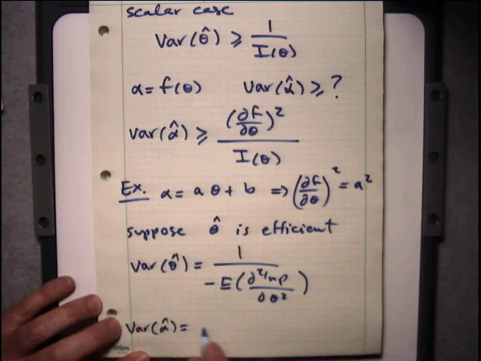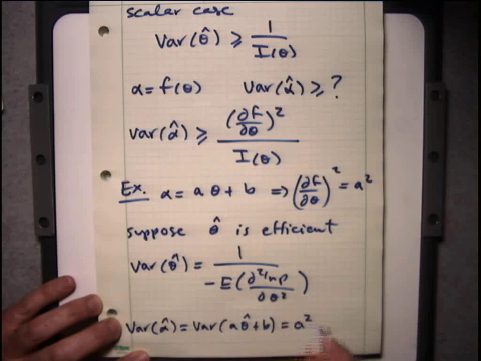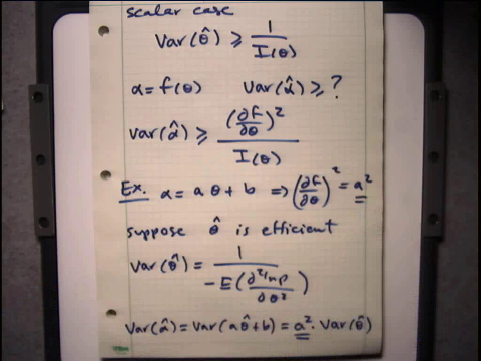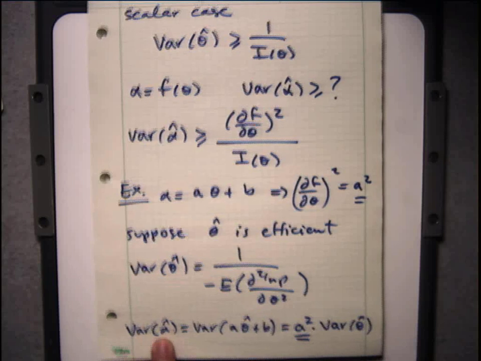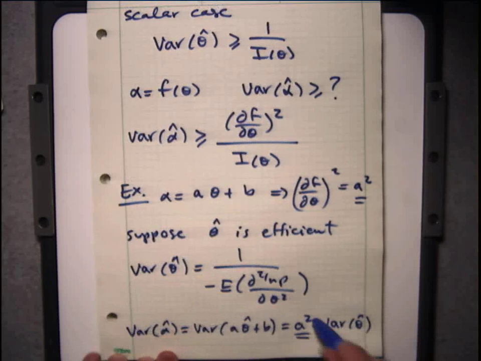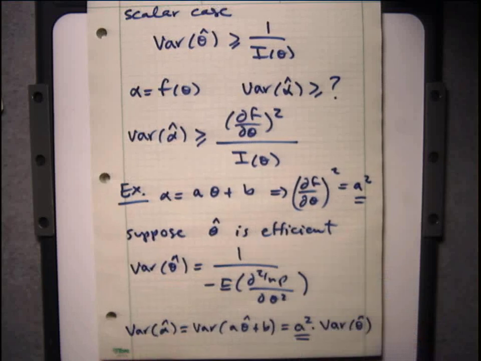This is the variance of a theta hat plus b, which is a squared times the variance of theta hat. So the efficiency is preserved: the variance of alpha hat is equal to a squared times this quantity, which achieves the lower bound. This is a very simple case, and for that case efficiency is preserved. Most of the time, however, it is not.